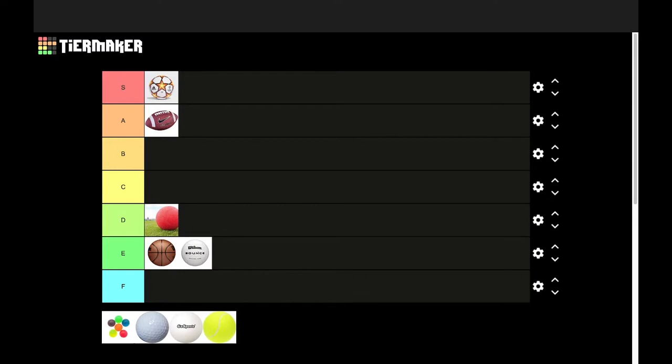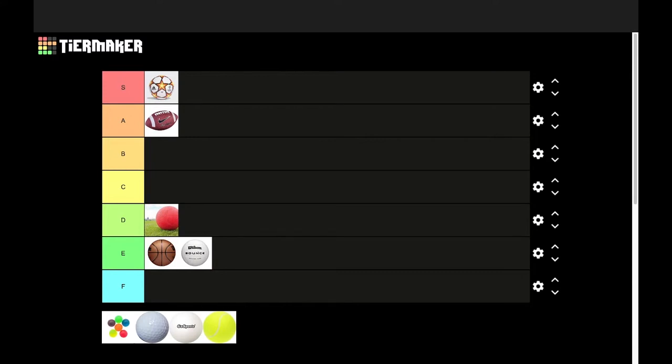Its velocity is not really limited because it doesn't have much surface area, meaning there's not much air resistance when you throw it. And for the size of the ball, it's actually a pretty dense ball and can do some serious damage. And it's pretty hard to catch too. So I think it should be around the A tier.